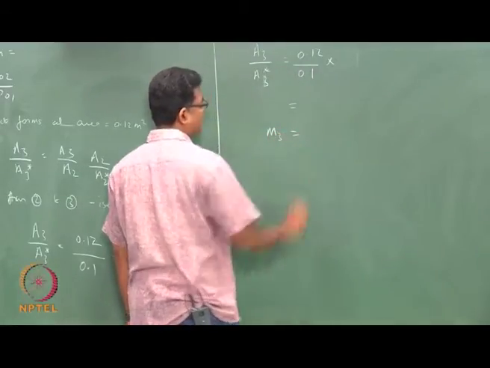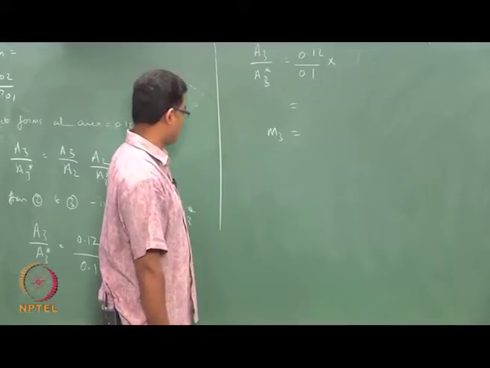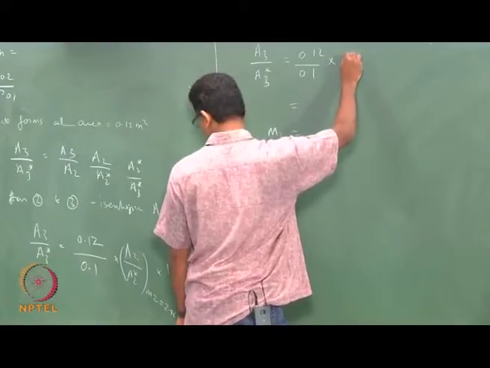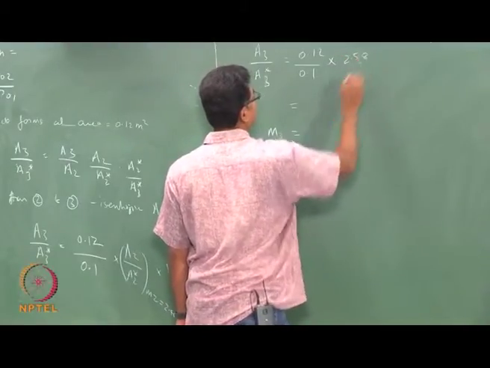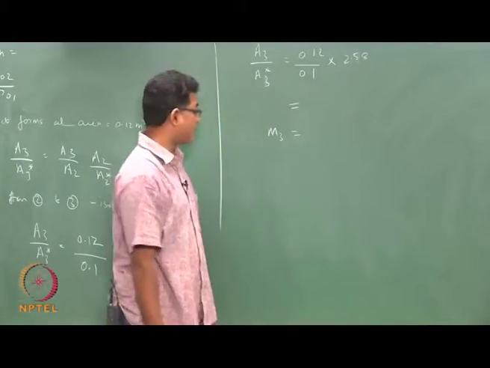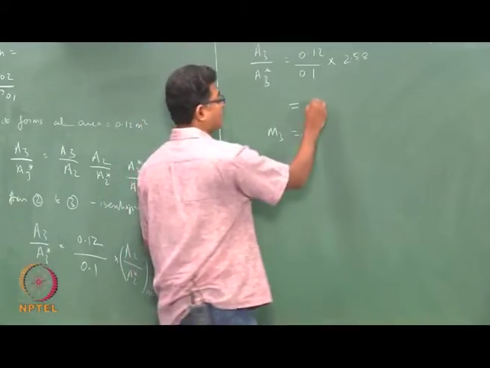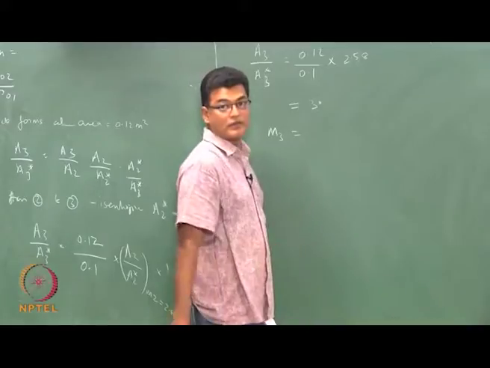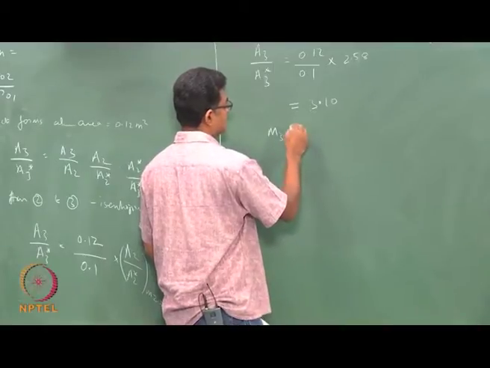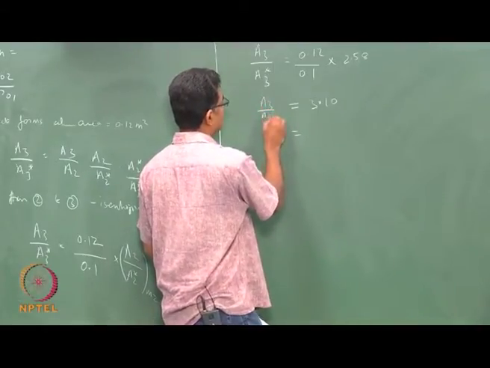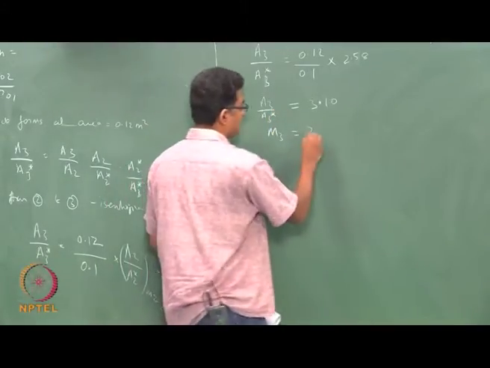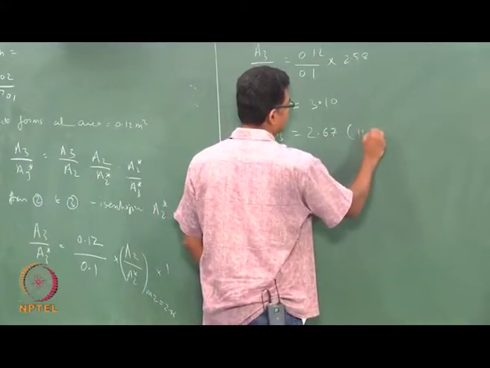This would give me an M3 from the isentropic tables, and this corresponds to a Mach number of 2.67 from isentropic tables.